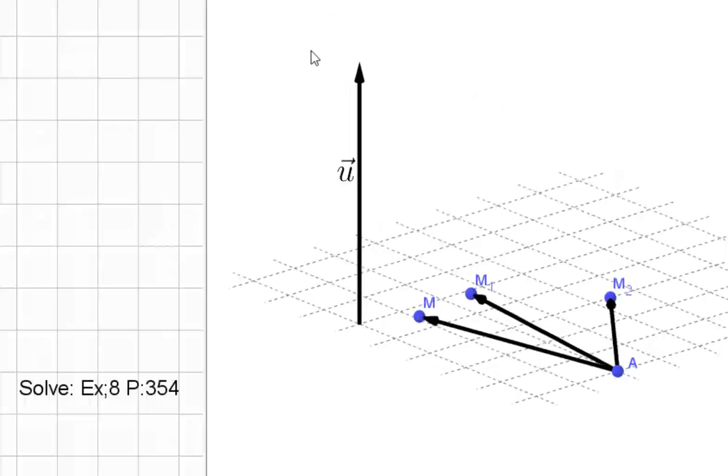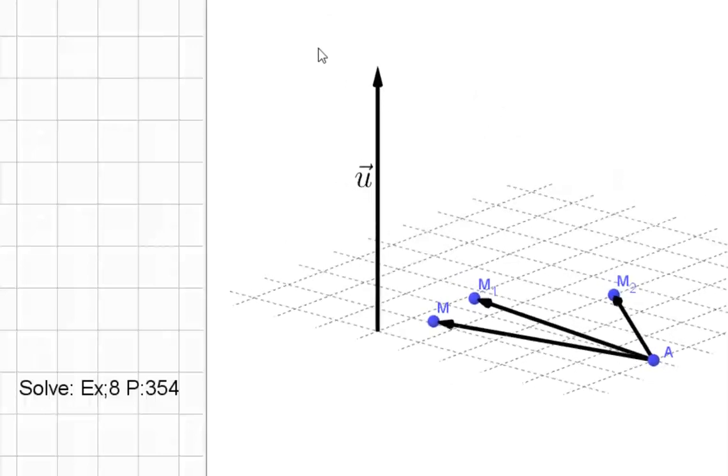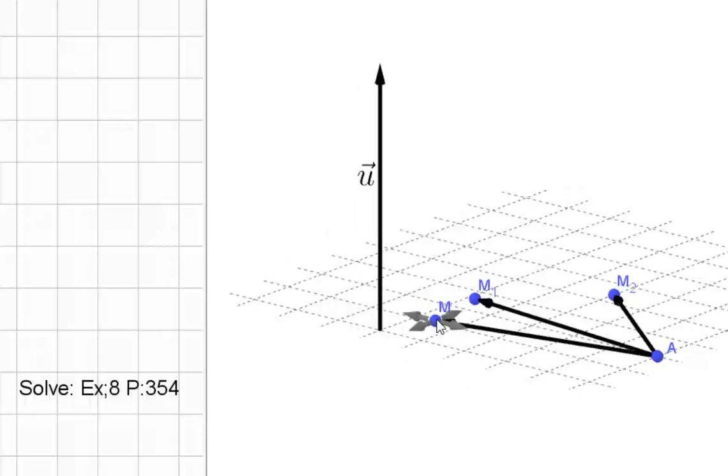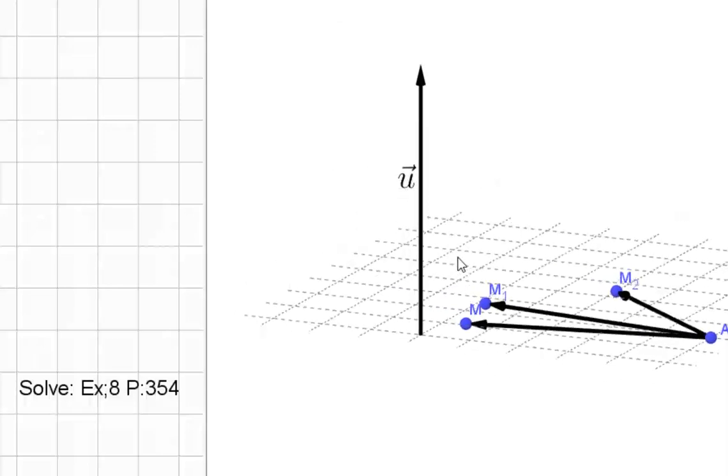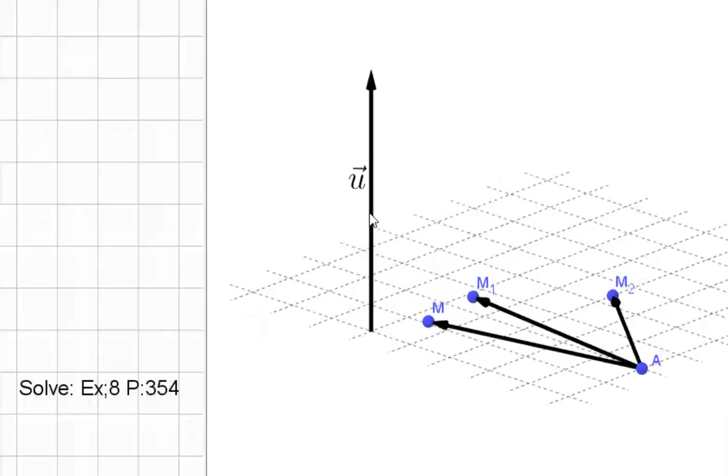Hence, as a conclusion, we can say that as M varies in a way u dot AM is 0, then M will trace a plane with a normal vector u.